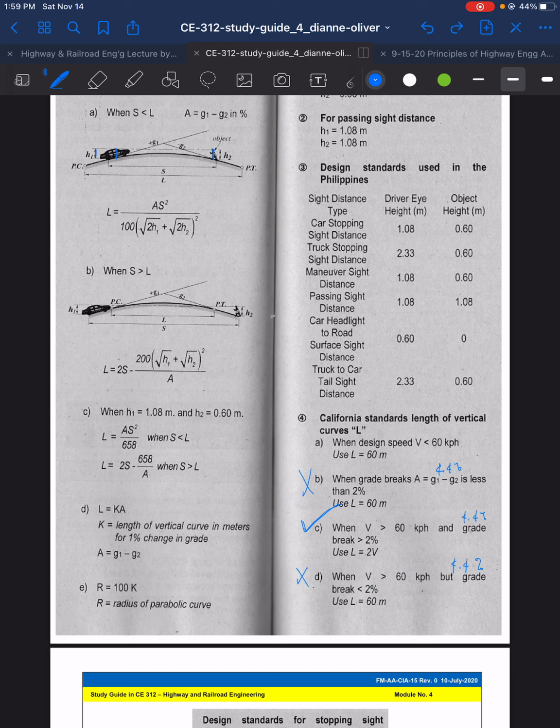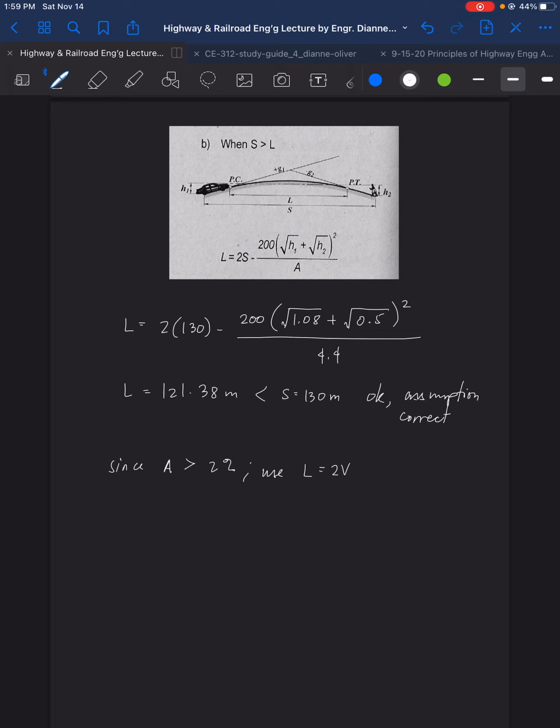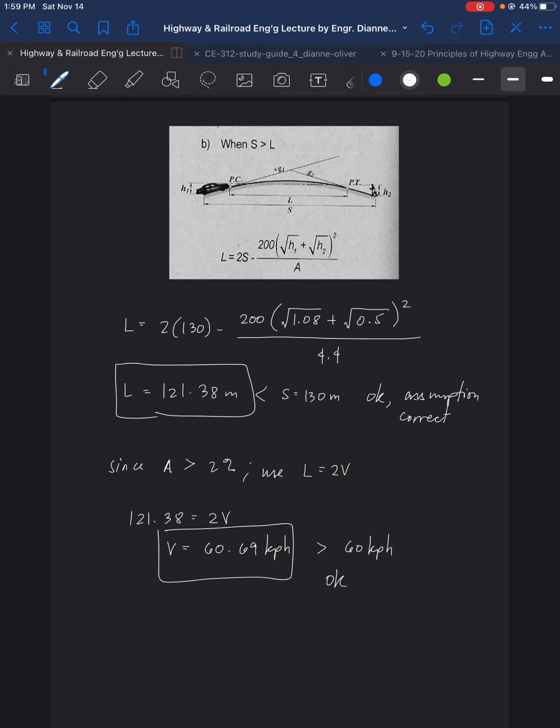If V is greater than 60, then this is all correct. Okay. So, since our L is, we're going to use this one, the 121.38 is equal to twice of V. Therefore, design speed is now equal to 60.69 kph, and this is greater than the 60 kph. Therefore, it is okay, and we will be using this answer.